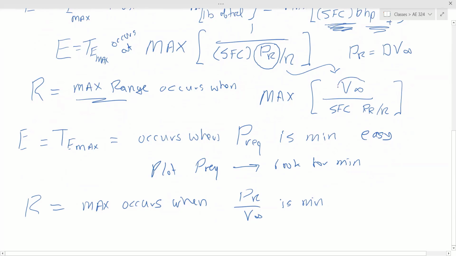Because we can take the V infinity up here and put it underneath the power required, so we divide top and bottom by V infinity, and then the only thing that changes is power required over V infinity. And when we make that small, we make the range big. And so we can also get this from the power required plot by looking at the tangent line.